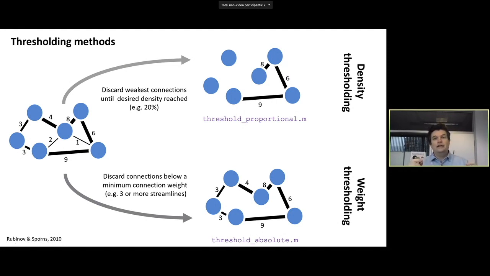The crucial thing to note here is that there's a one-to-one correspondence between density and weight-based threshold. For any given density, I can tell you the equivalent weight that will achieve that density, and it goes the opposite way as well. So you might argue then, well, what's the point if there's a one-to-one correspondence? Why should we have these 2 different thresholding methods?